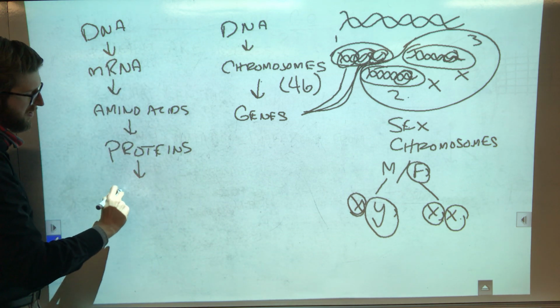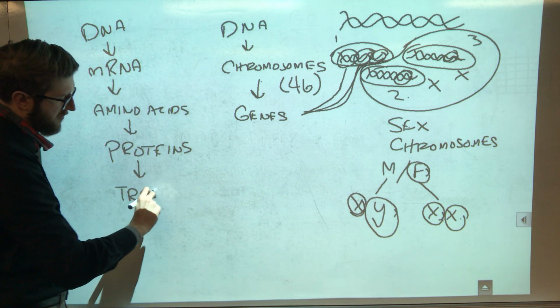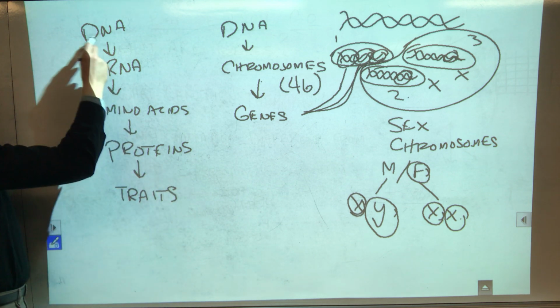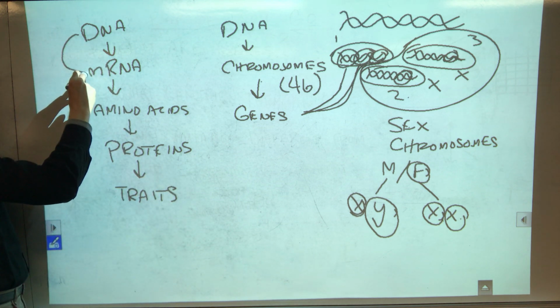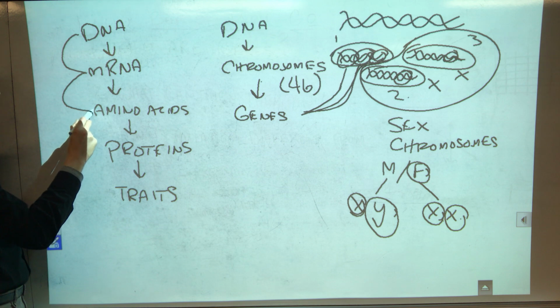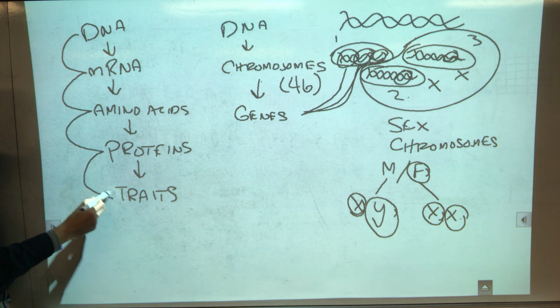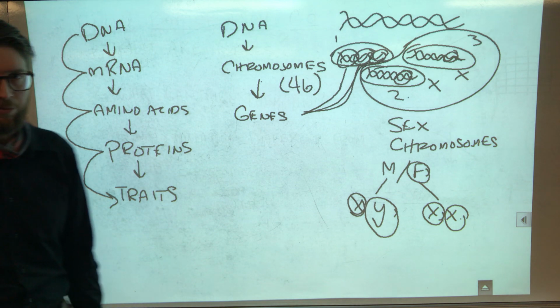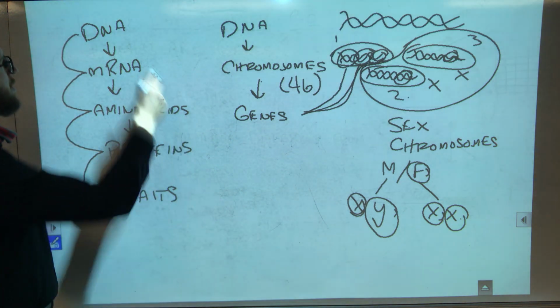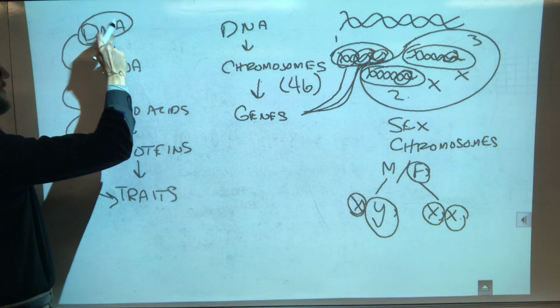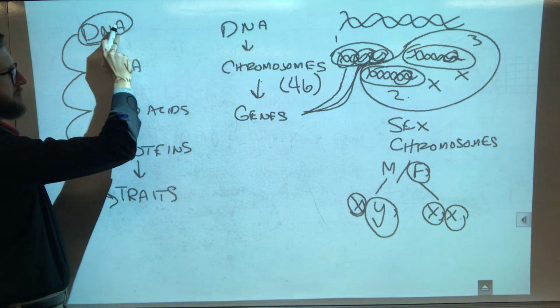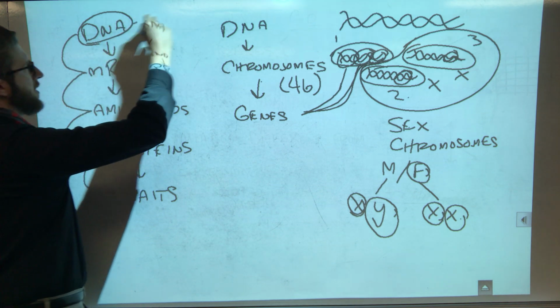And proteins control your traits, right? So if I change the DNA, I change the mRNA, which changes the amino acids that get made, which change the proteins that get made, which change the traits that you end up with, okay? But it all starts here. That's where the chain starts, okay?